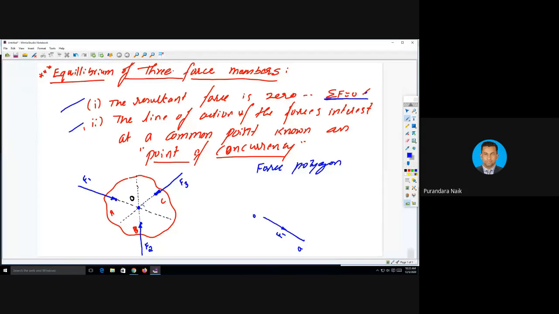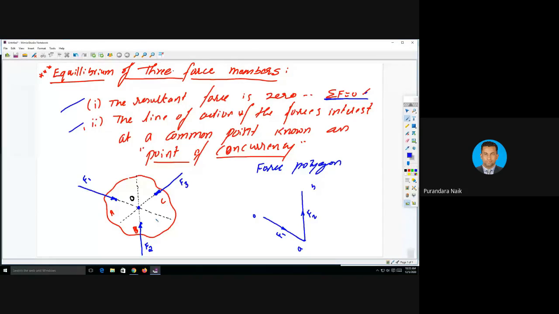Next, F2 is directly upward, right? So you take a magnitude and draw it. This is F2. This is B. Next angle is 90 degree, right? So the next thing is F3.